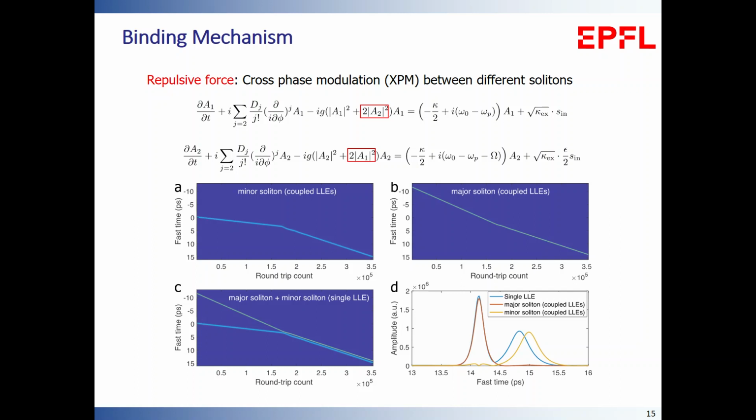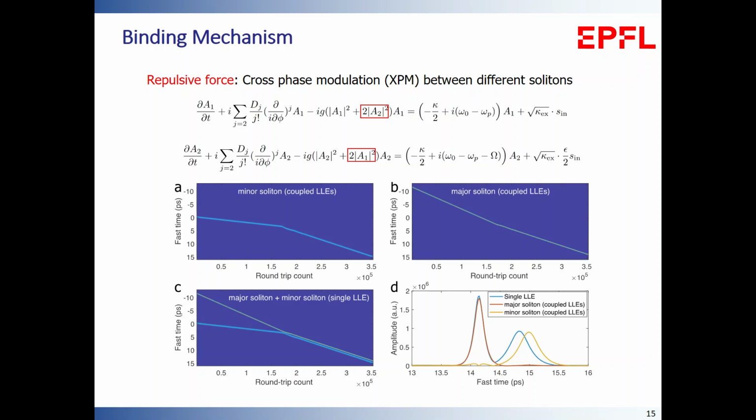And we find that when these two solitons meet each other in the spatial-temporal domain, they form a bound state, which is exactly what we observed from the single LLE simulation. We also compare the final form of the soliton bounded states that we get from the single LLE and these coupled mode equations, and they are pretty close to each other.